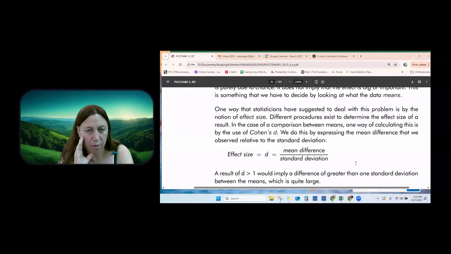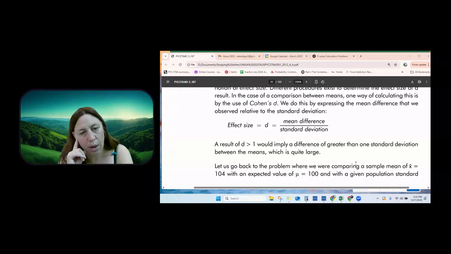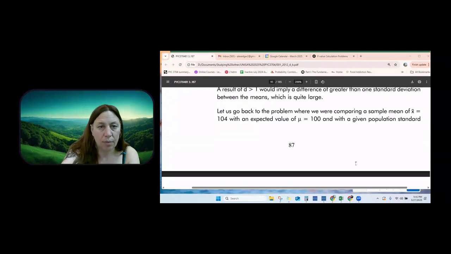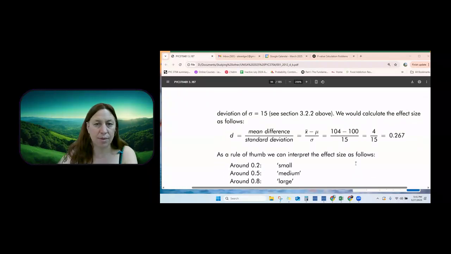So in the first experiment, we'd say 4 over 15, being the standard deviation for population IQ. And that would give us d, an effect size, of 0.267.